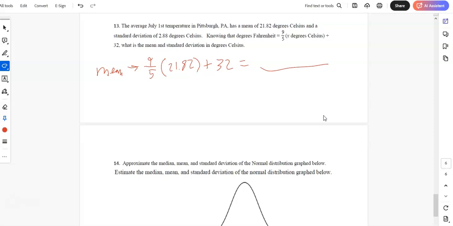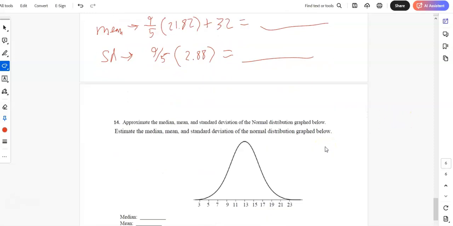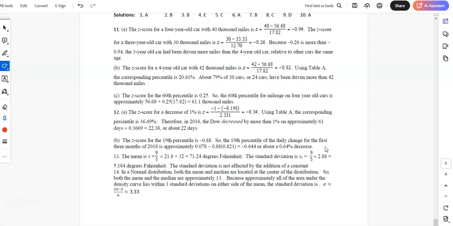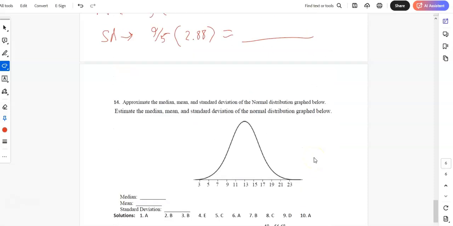It's going to give you the answer when you type in your calculator. Standard deviation is going to be 9/5 times the standard deviation of 2.88. And you don't add 32 because adding doesn't affect standard deviation. So you just type those in your calculator. You should get the answer. Let's look at 13, see if I did it right. Yeah, you type it in, you get 71.24 and 5.184. Standard deviation is not affected by the addition of a constant.